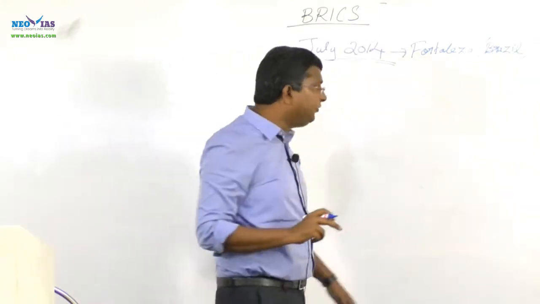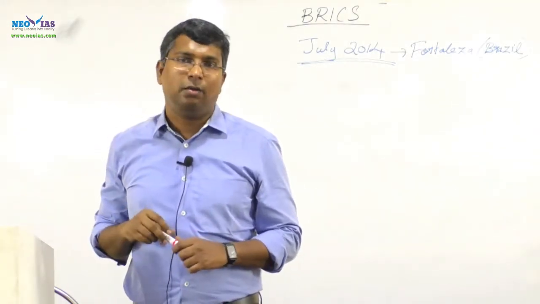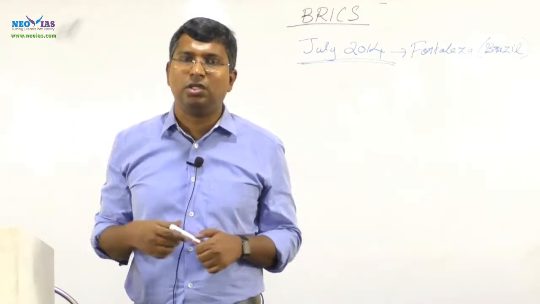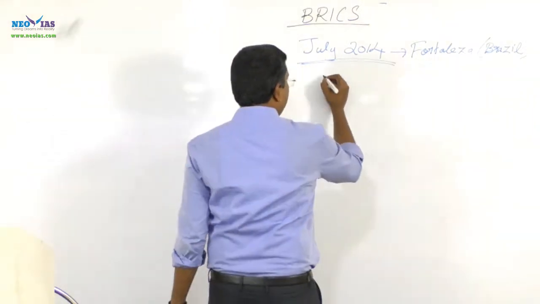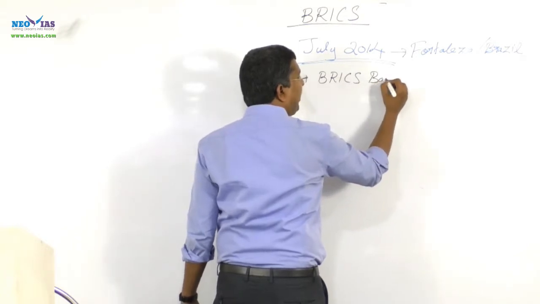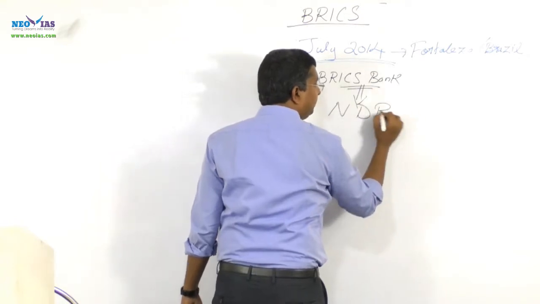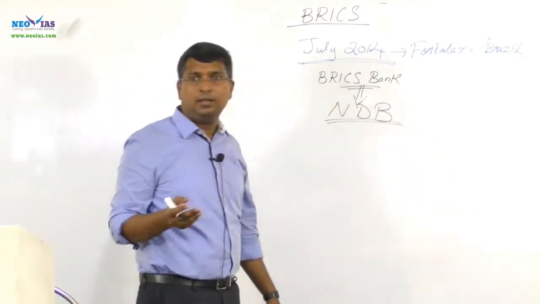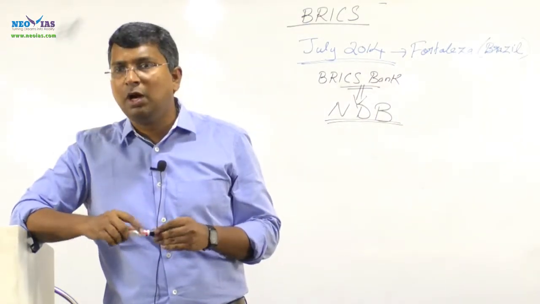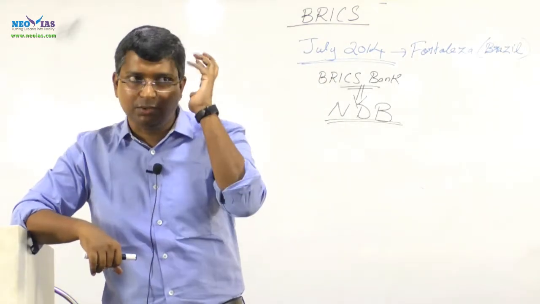decided in the Fortaleza summit in 2014 to set up 2 important institutions. The BRICS Bank, also called the New Development Bank, is created by BRICS to perform the same function as the World Bank, basically development, as the term suggests.